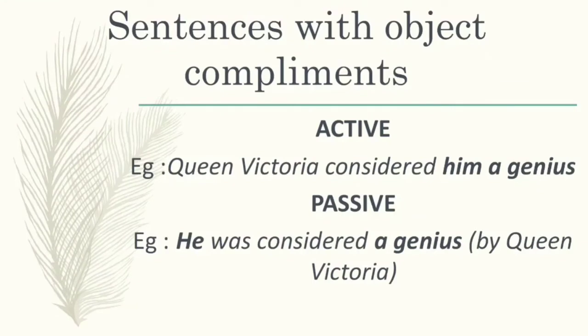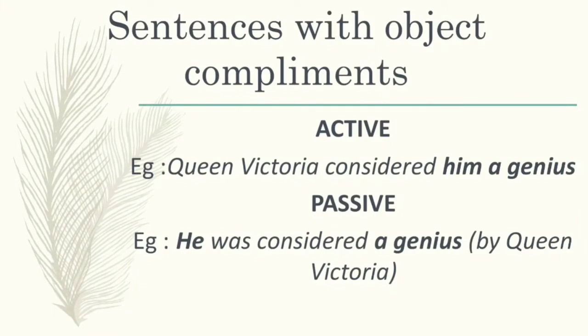A noun or adjective which describes the object, that is object complement. Here, Queen Victoria considered him a genius. So, the object is being described as a genius. So, that is object complement.